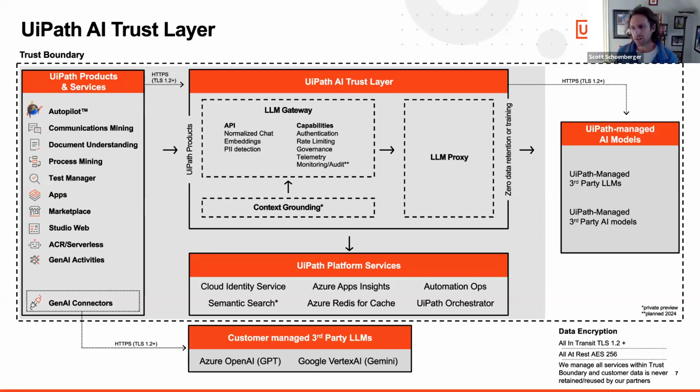UiPath GenAI Activities is a first-party service. However, we are using Integration Service's connector builder to build, deploy, and maintain these activities. This is a unique approach to UiPath building internal activities, in the sense that we're really dogfooding our own connector builder offering.